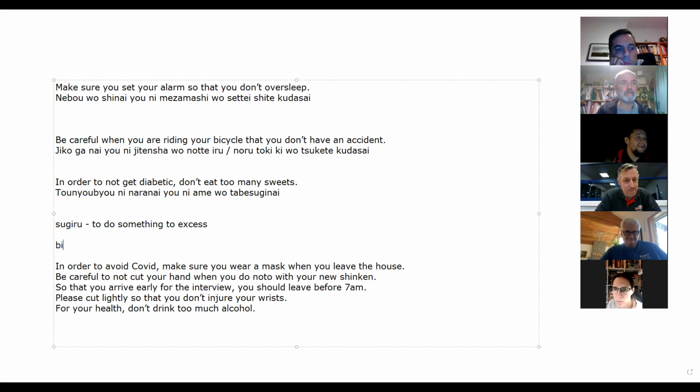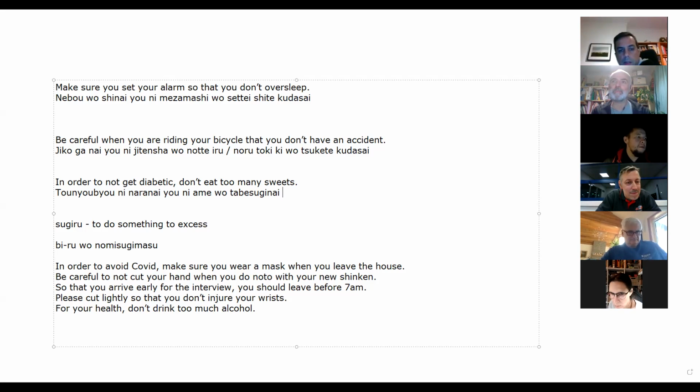Nomisugimasu. Tabesuginai. Good. And that's it. So this too many is in this suginai, right? It is. But at the moment, this says, in order to not get diabetic, I won't eat too many sweets.